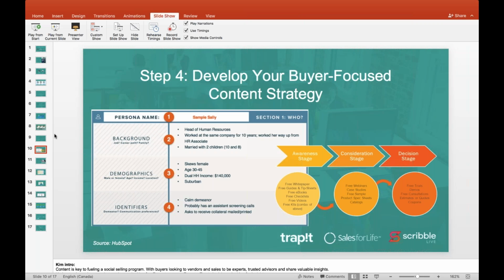Kim? Absolutely, and the one piece I would also add, which we've talked about a fair bit, is the value of third-party content. So through your content strategy, actually identifying the right content that you want to create from your brand perspective, and that really is focused on your buyer, but also including that right mix of third-party content. It really helps to position you as that go-to resource, that expert.